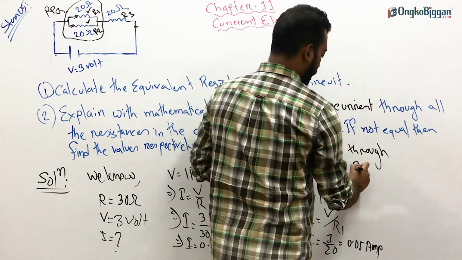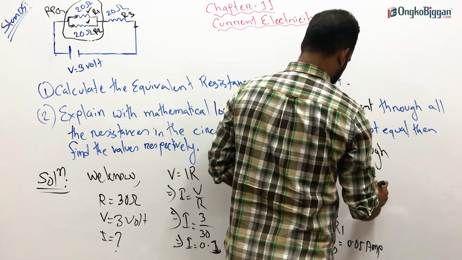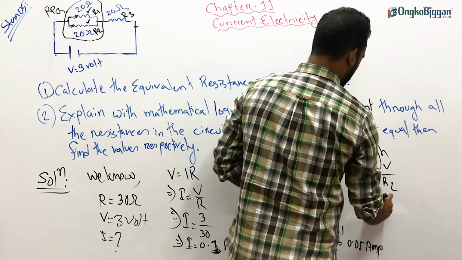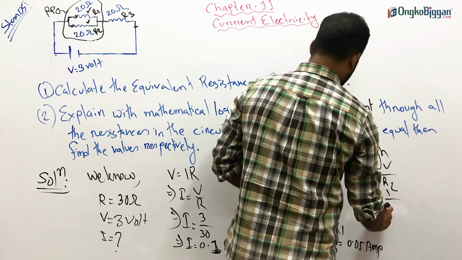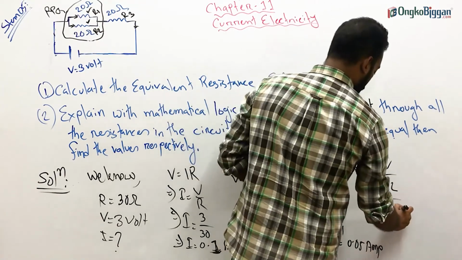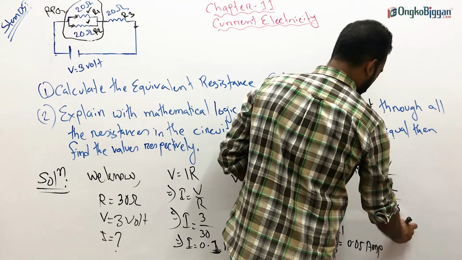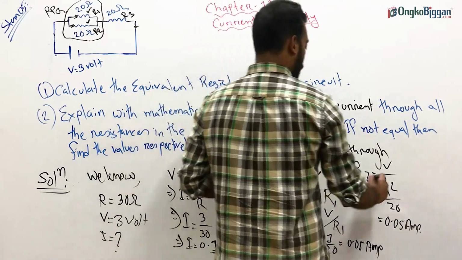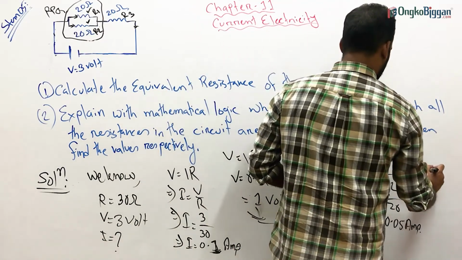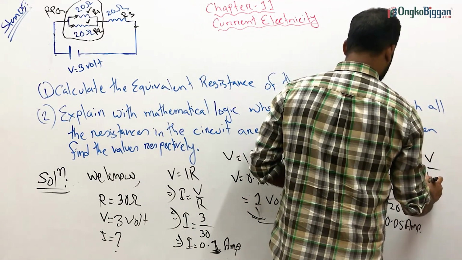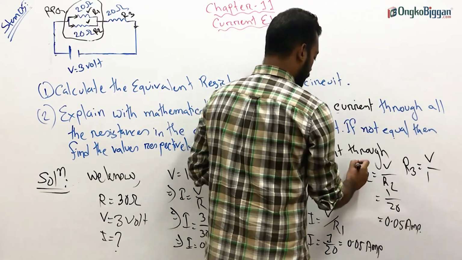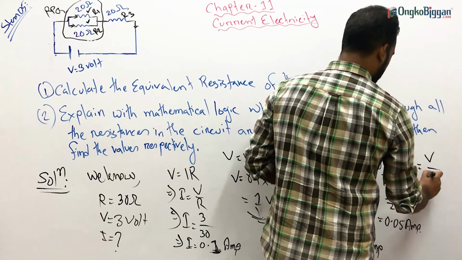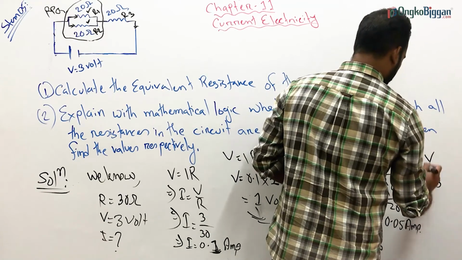Now for R2, what is the current passing through it? Same formula, V divided by R2. V is 1 and R2 is 20, so the same 0.05 ampere. Now I3 is V divided by R3.